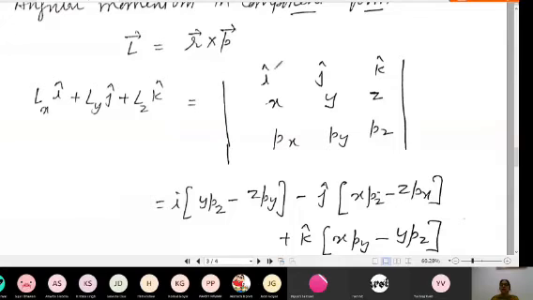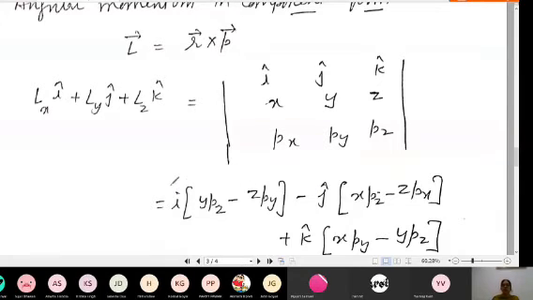Then you write these components in matrix form as shown. R first, cross P, so you have to see the order. Then you write the multiple of i cap by ignoring the column and row of i cap, and I get ypz minus zpy as the multiple of i cap.